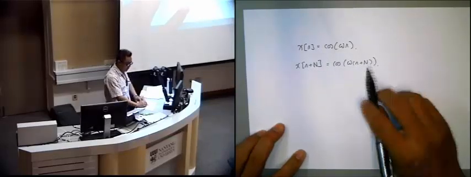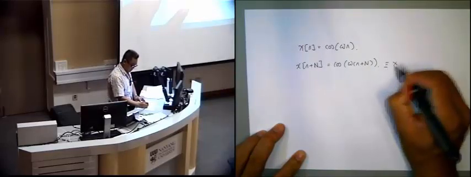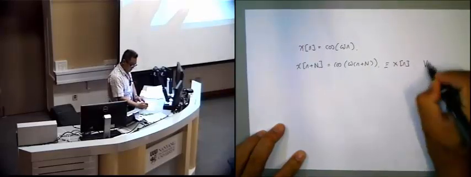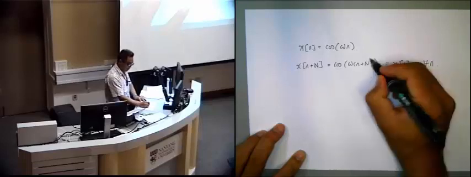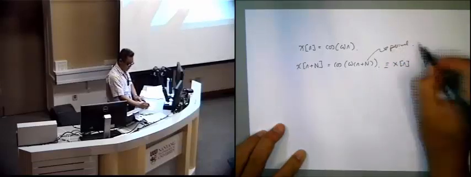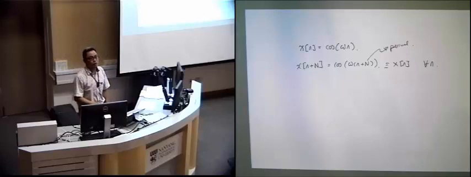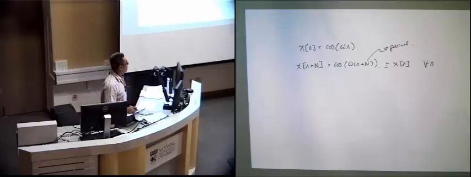And if you can find a big N that is repeating, then you have found the period of this signal. You thought that in cosine it looks like it is repeating, and for sure we can find the big N. But remember that in discrete time this is not true.